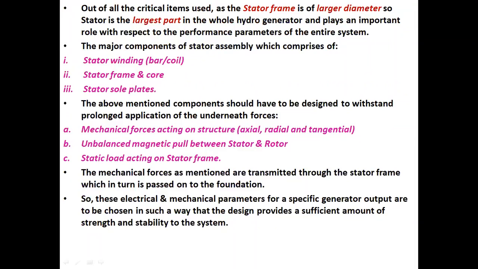Out of all critical items used, as the stator frame is of larger diameter, so stator is the largest part in the whole hydro generator and plays an important role with respect to the performance parameters of the entire system.